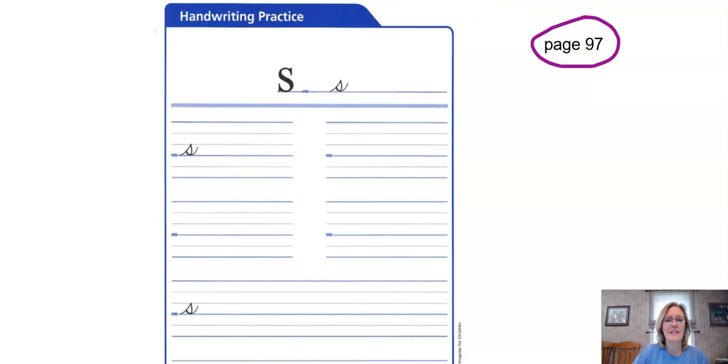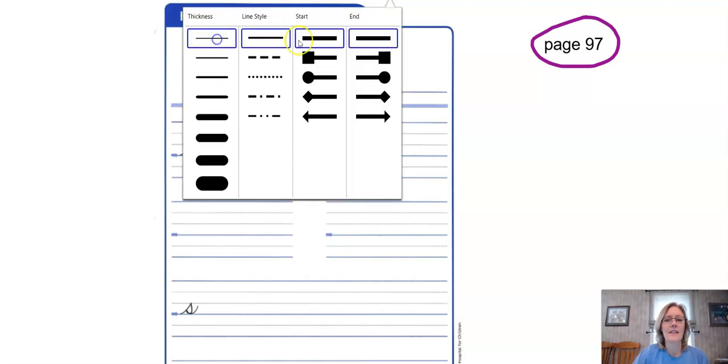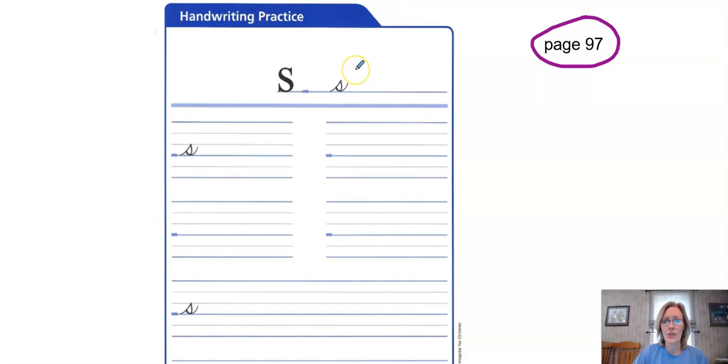Make sure you have a pencil. The approach stroke for this letter S is a swing up stop. We always start on the baseline for any lowercase cursive letter. Watch, it's a swing up stop. Curve down and around, meet, release.